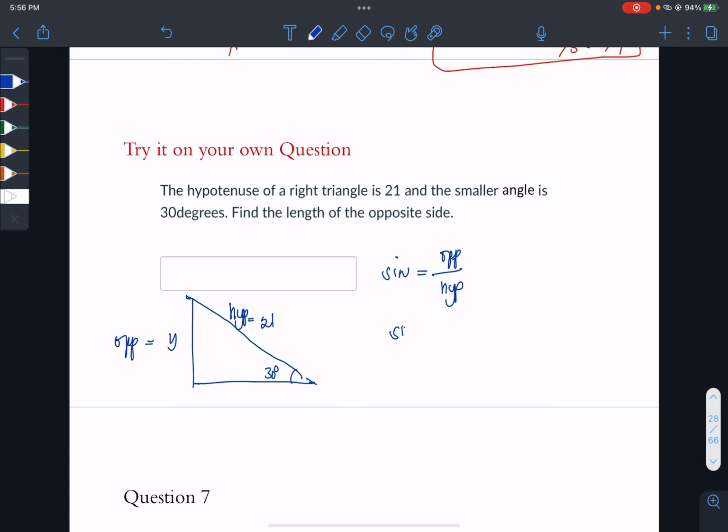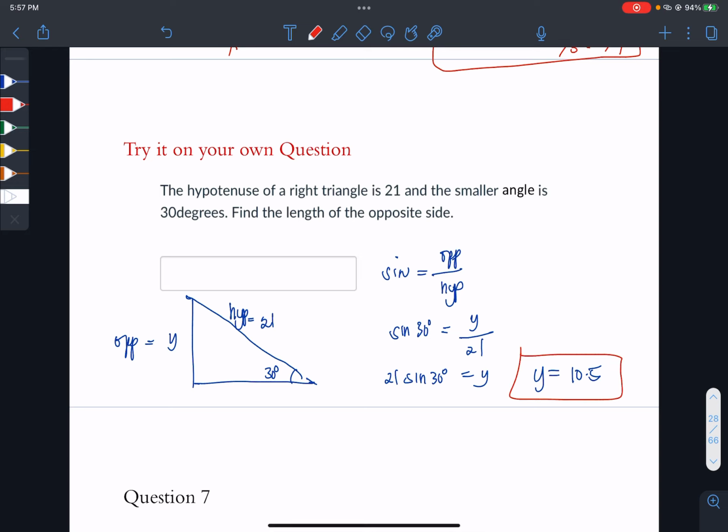In short, sine 30 degrees is equal to the opposite, which is y, over the hypotenuse, 21. So 21 sine 30 degrees is equal to y. Therefore, y is 21 sine 30 degrees, which is 10.5. So 10.5 for this one.